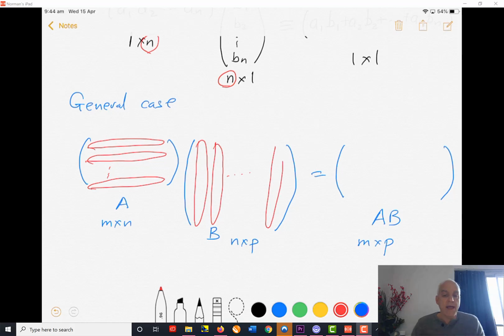The condition on A and B guarantees that the rows in A have length n, and the columns in B have length n. So this dimension here is the same as this dimension here. And that means that we can multiply any one of the rows in A with any one of the columns in B.